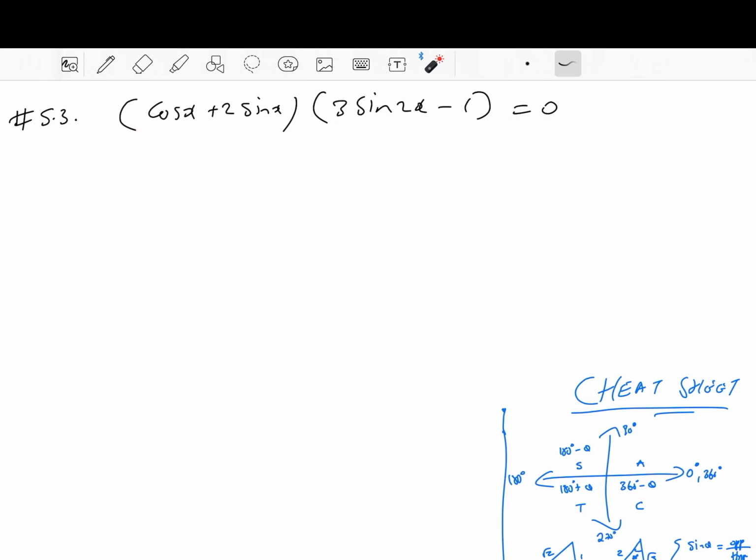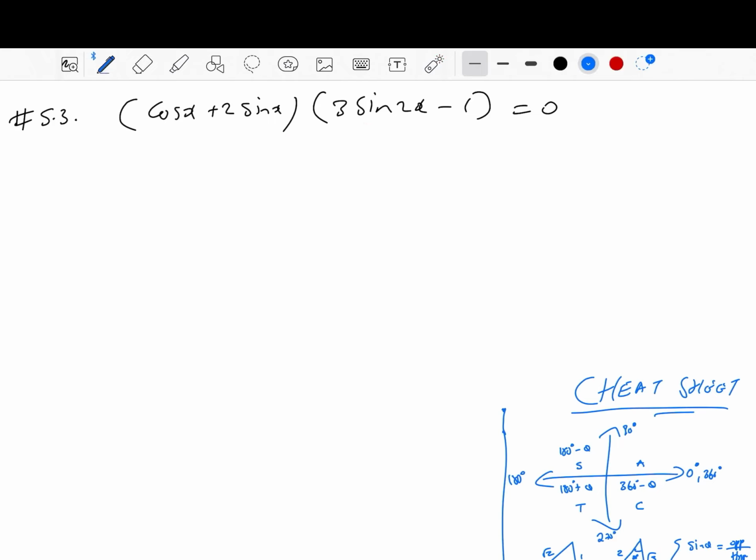If you read this in English, if you multiply this and this and it gave you 0, that means one of these two should be equal to 0. Because if this is 0 and you multiply it with the other, it gives you 0.